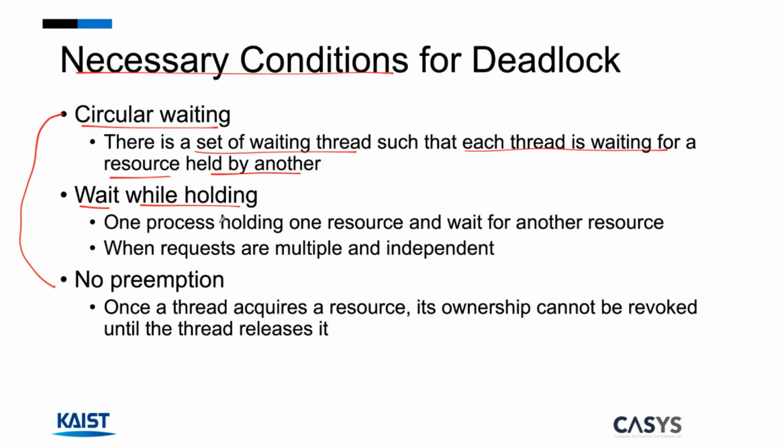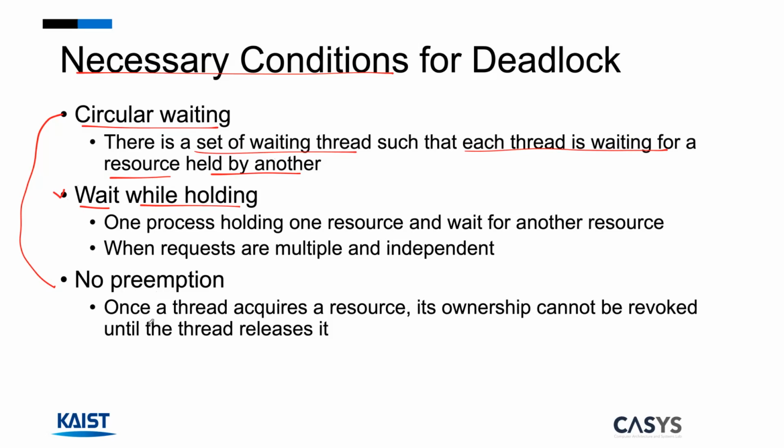This is how the lock works, right? When someone is holding a lock, the other thread has to wait until that thread releases the lock. This is a general principle for deadlock. It applies to any resource, but intuitively, a lock satisfies this condition: wait while holding a lock, and no preemption.